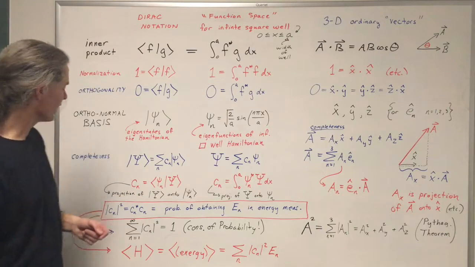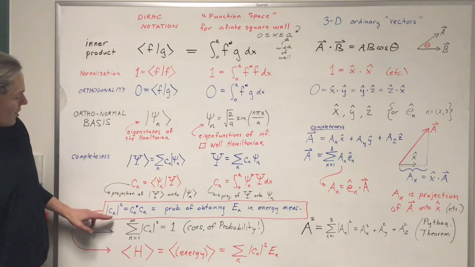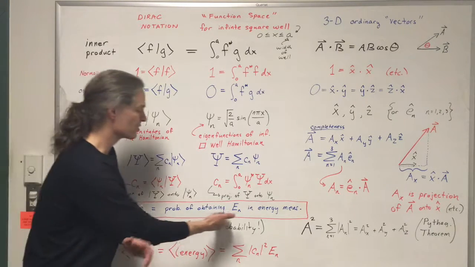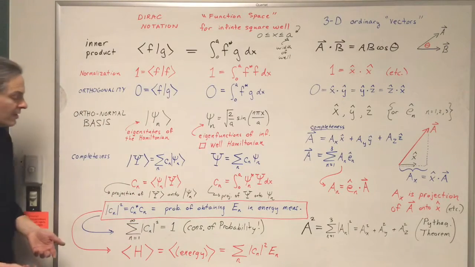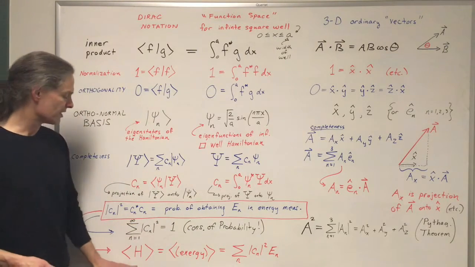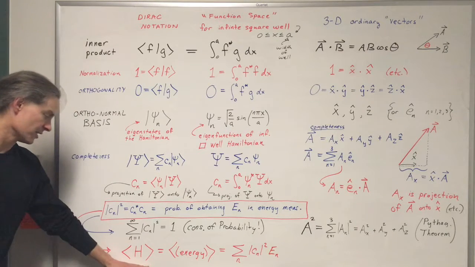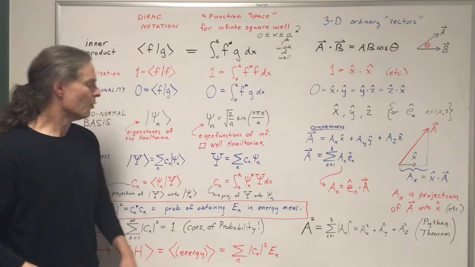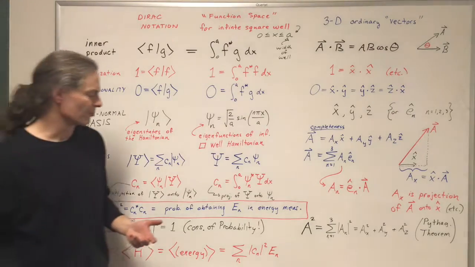All right, finally, one last comment. The interpretation of the absolute squares of C sub n as being probabilities for corresponding energies, if we were to make an energy measurement, gives us a shorthand way to write the expectation value of the energy. The Hamiltonian operator in brackets is the expectation value of the energy. We can just write that as a probability weighted sum of all the possible results.